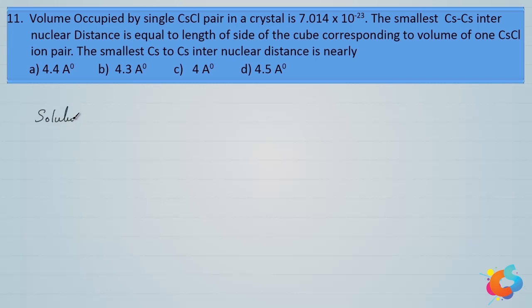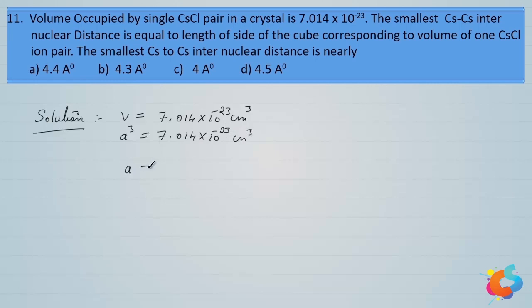The solution is, the volume occupied by cesium chloride crystal is given by 7.014 into 10 to the power minus 23 centimeter cube. The volume is nothing but A cube, which is equal to 7.014 into 10 to the power minus 23 centimeter cube.